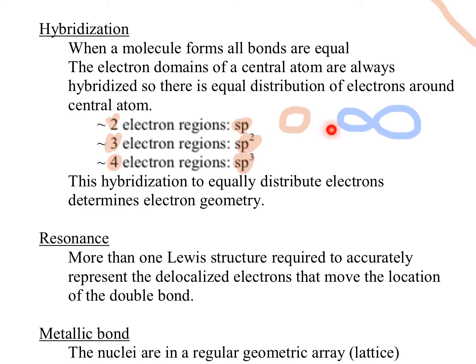So instead, this and this combine, so we end up with a small loop going into a much larger loop, because part of the P is diminished and part of the S is brought into the P. So this much longer area makes it able to extend further and closer to another atom.